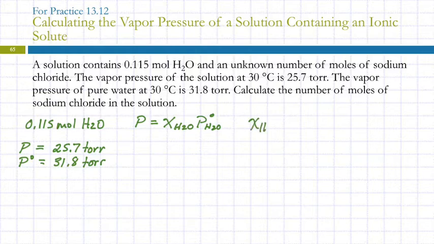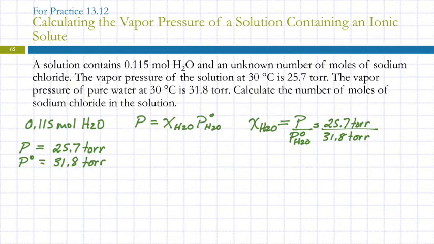So the mole fraction of water is going to equal the actual vapor pressure divided by the vapor pressure of pure water. So the actual vapor pressure, 25.7 torr. For pure water, it's 31.8 torr. The torrs cancel out. 0.80817.